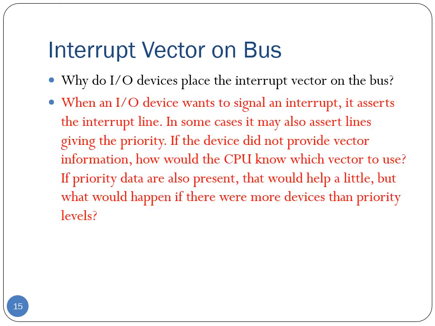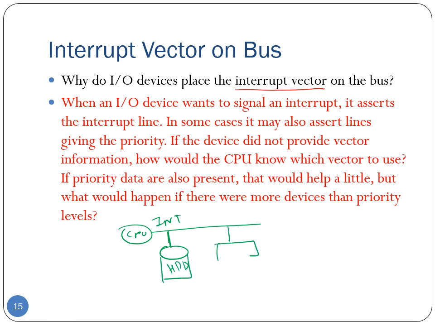Why do IO devices place the interrupt vector on the bus? So the main reason this interrupt vector is needed is for identification of the device that is interrupting the CPU. So recall, in our systems we have, let's say, one CPU, and there is an interrupt line. Let's say this is the interrupt line of the CPU. Several IO devices are attached to this one interrupt line. Let's say you have a hard disk here, you may have some optical drive here, or you may have some other IO devices, keyboards and so forth, right?